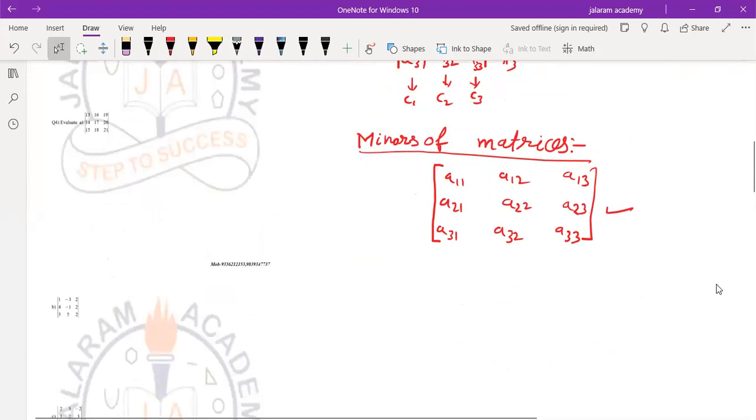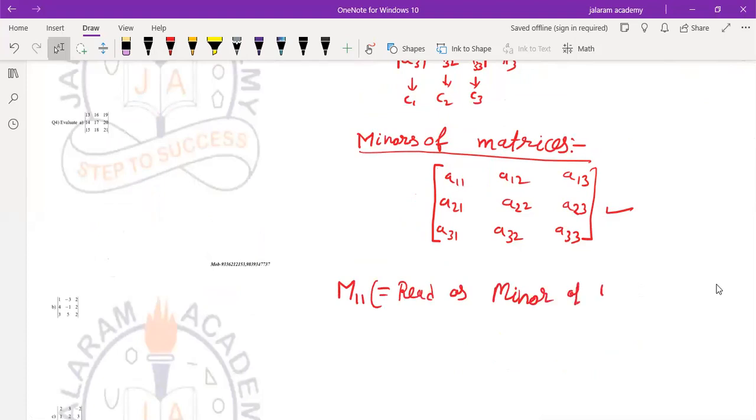So if we write M11, we read it as minor 11. It is read as minor of first row and first column.